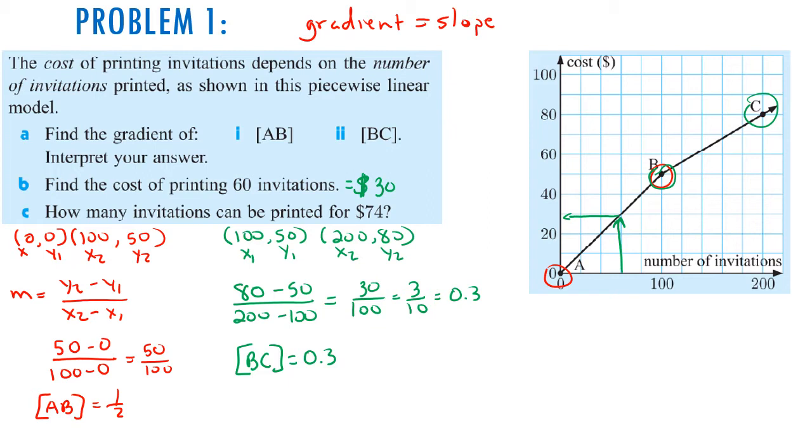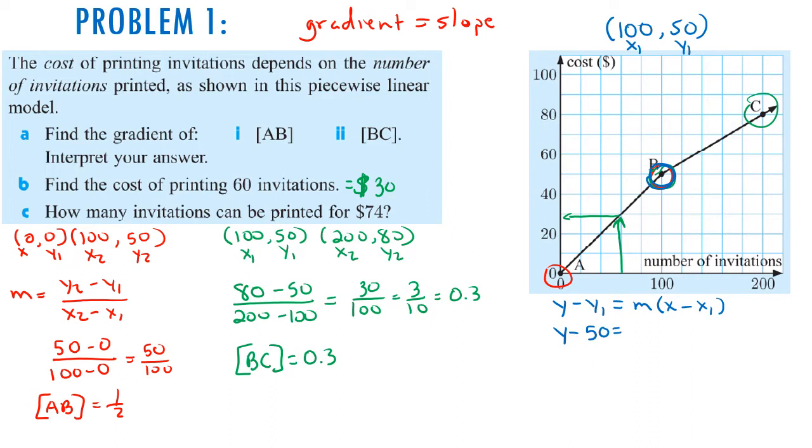I think the best way is to make an equation. I'm going to do an equation in point slope form. So y minus y1 equals m times x minus x1. And I'm going to use point B for my x1 and y1. So 100, 50. So I have y minus 50.